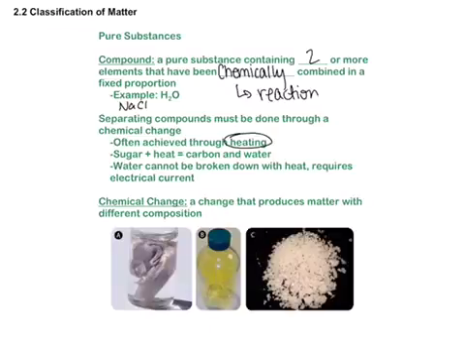However, it is important to note that water cannot be broken down into the hydrogen and the oxygen with heat. It requires an electrical current to do that. So a chemical change is a change that produces matter with a different composition.